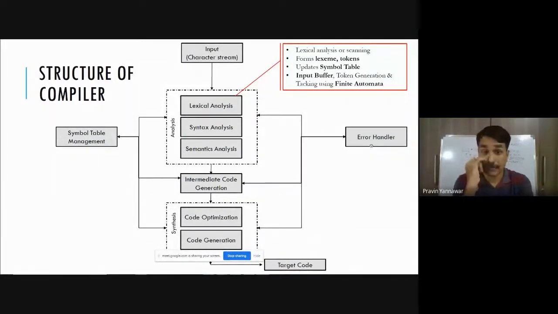Now in the case of the error handler, you can take the situation where the expression is C equals A plus question mark, meaning an identifier is missing. So what is going to happen? An error is being generated. The error handler routine is connected with every stage of translation.